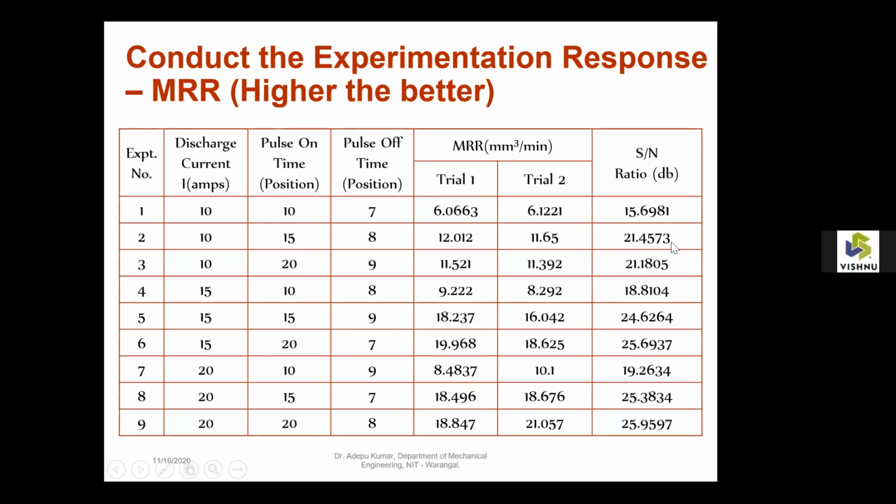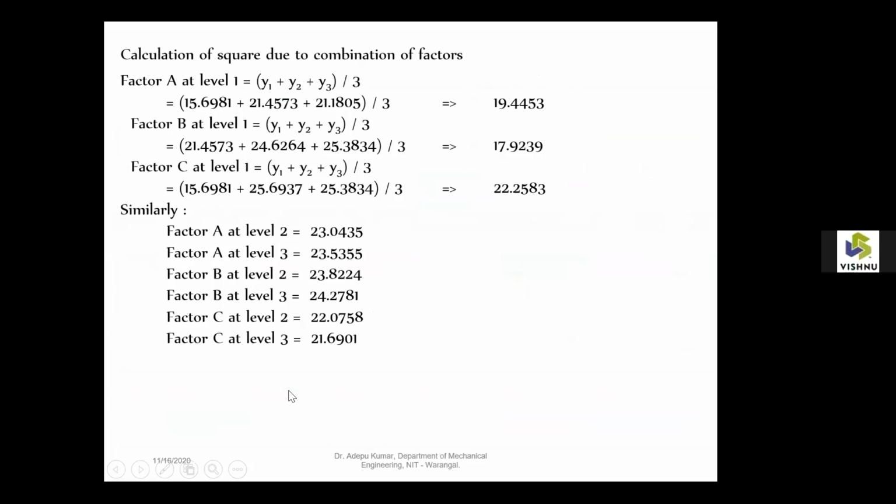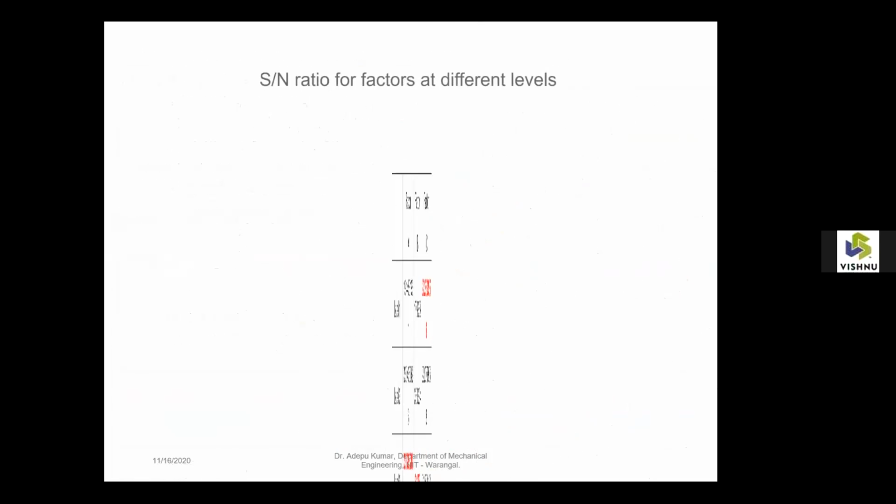Similarly, B2 is the second, fifth, and eighth experiment. Like that, we can separate in this fashion and tabulate it.